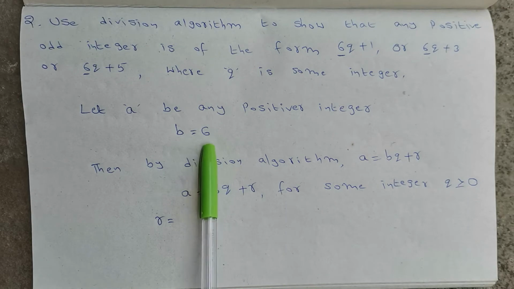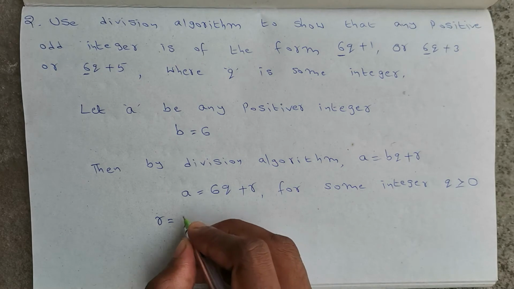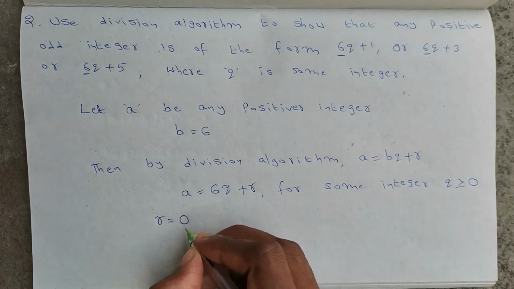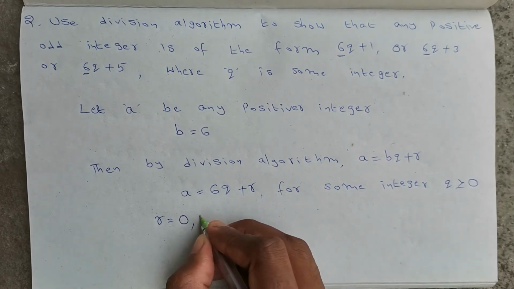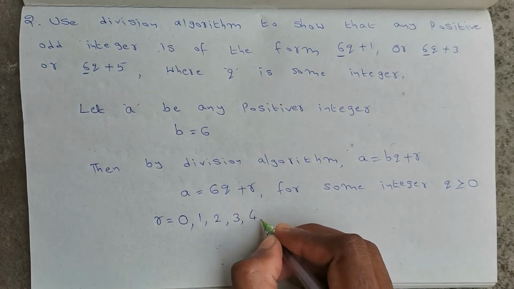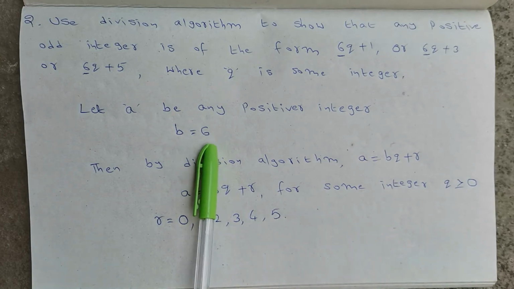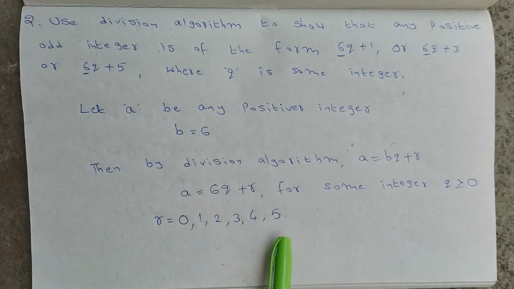Less than the divisor. So the remainder will be from 0 to less than the divisor. Starting from 0, the remainder may be 0, or 1, or 2, or 3, or 4, or 5. Here the divisor is 6, so there is no chance that we will get a remainder of 6 or greater than 6.